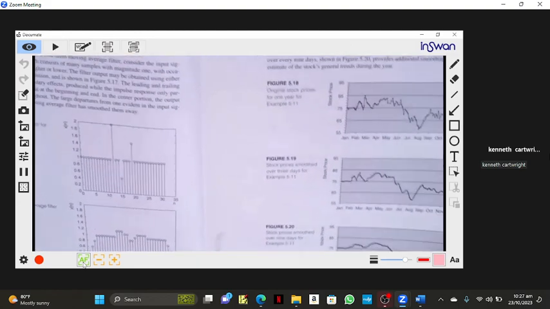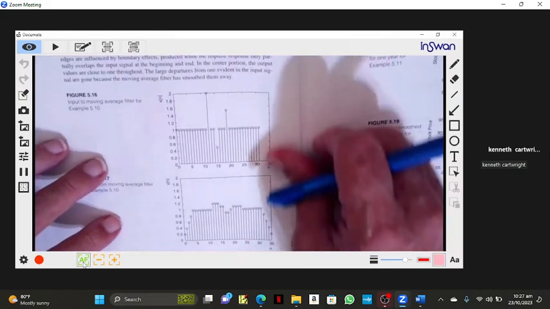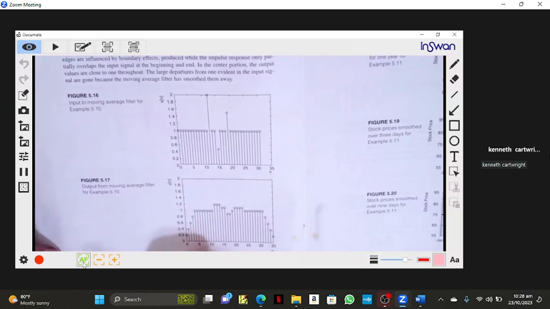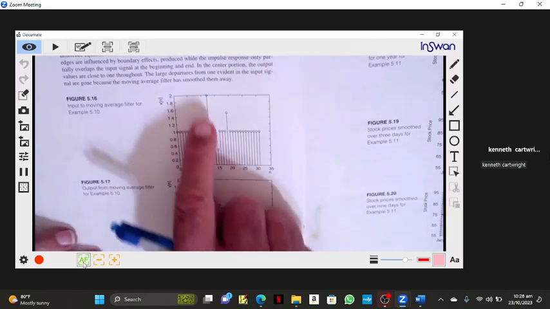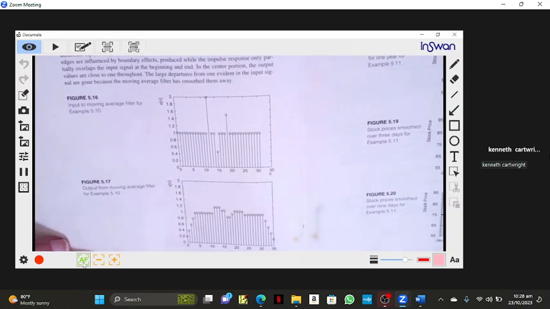Let me give you another example over the page in the textbook. See the top? You see the low? You see the two highs? You put it through a moving average filter, what happens?